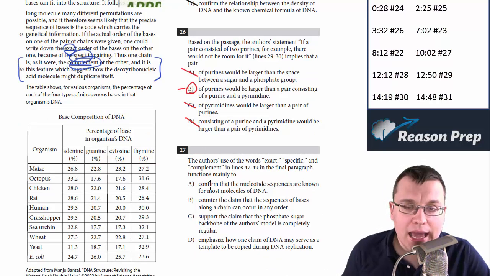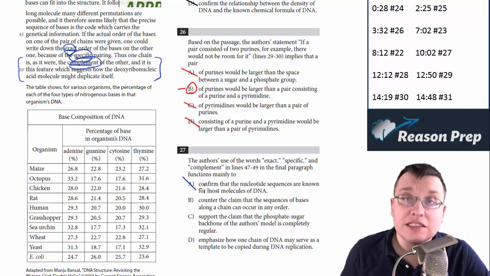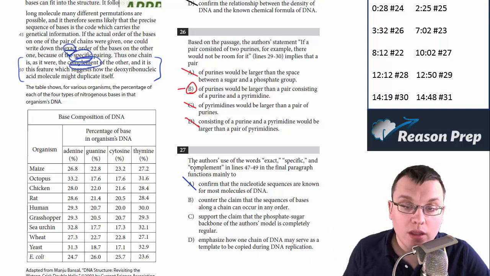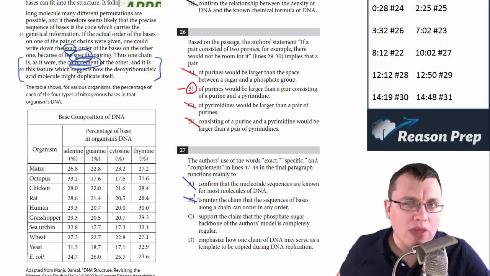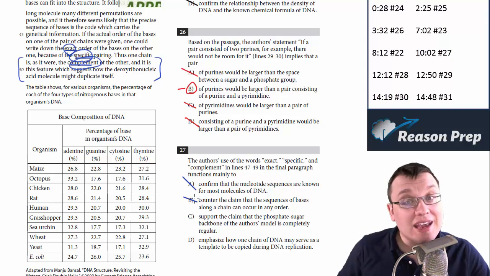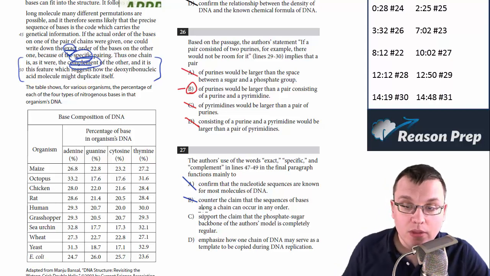So let's see. A, confirm that the nucleotide sequences are known for most molecules of DNA. It does not say that they're known for the molecules of DNA, just that they can be known. Counter the claim that the sequences of bases along a chain can occur in any order. This doesn't really say anything about whether or not the sequences can occur in any order. Again, it's just that they appear in a certain order that can be known, that can be understood.